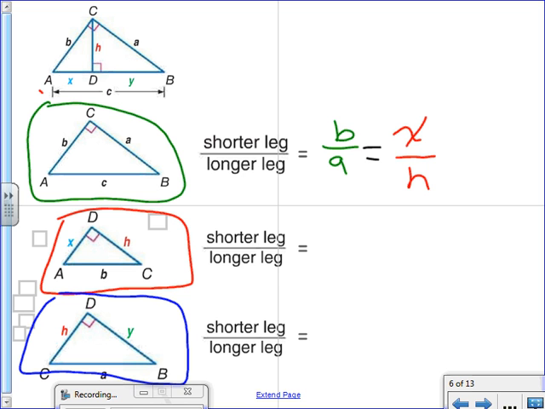Okay, and as I suspected, one of these is wrong. This should be hypotenuse over shorter leg, and this is going to be hypotenuse over longer leg. I'm sorry, I don't know how I made that mistake, but that was totally my mistake.